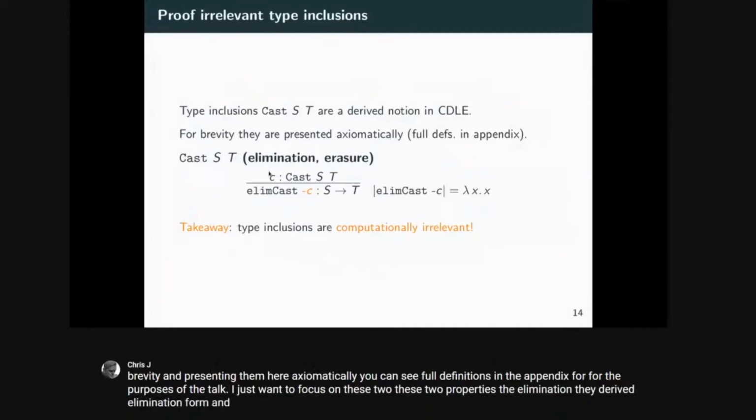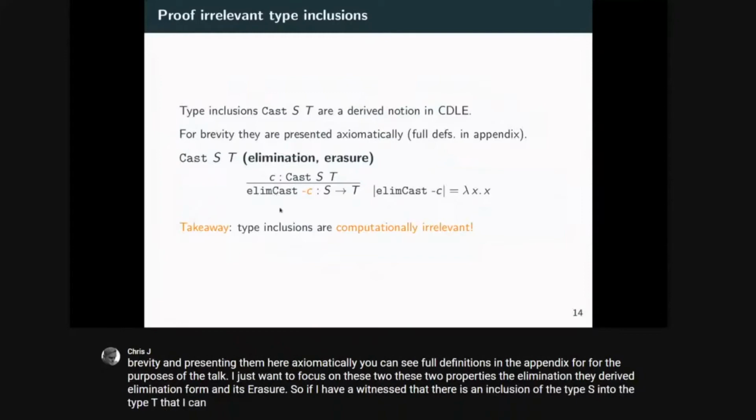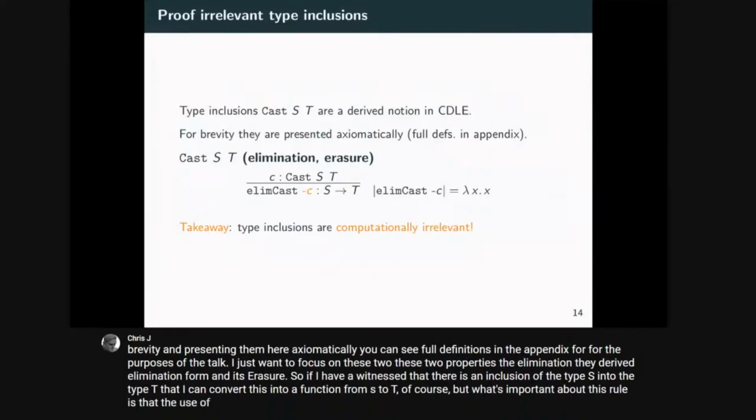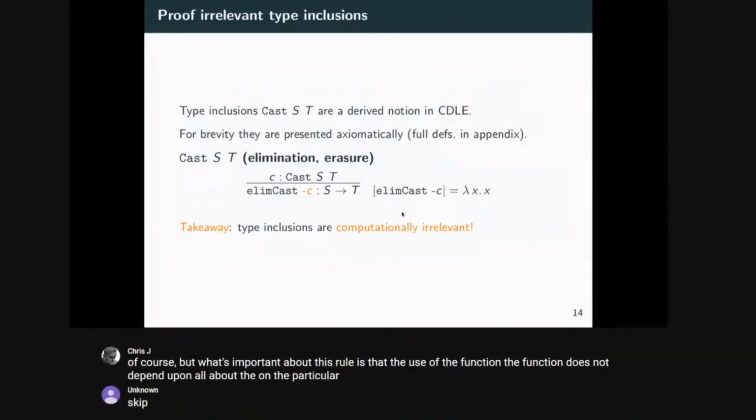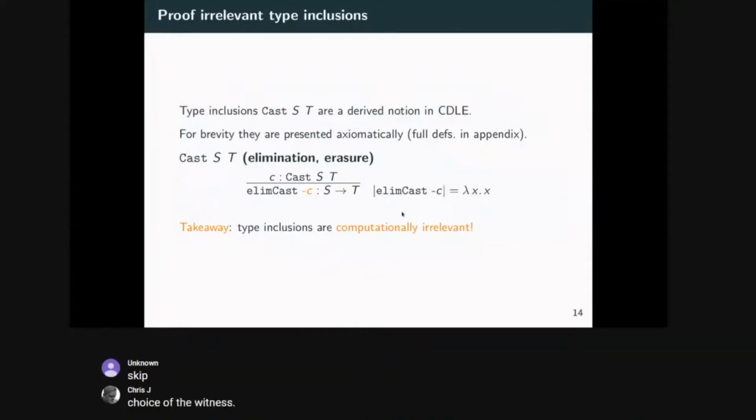If I have a witness that there is an inclusion of the type S into the type T, then I can convert this into a function from S to T. But what's important about this rule is that the use of the function does not depend at all on the particular choice of the witness. Indeed, the elimination form here erases to λx.x.